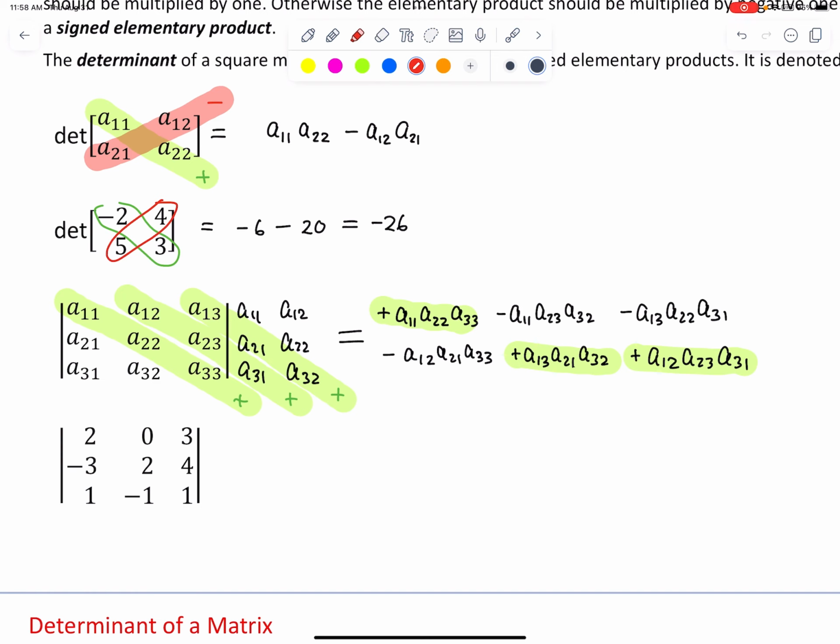Now, if we do these reverse diagonal products, a total of 3 of them, and you change the sign of each of these, or in other words, subtract these products, this will account for the 3 negative signed elementary products.